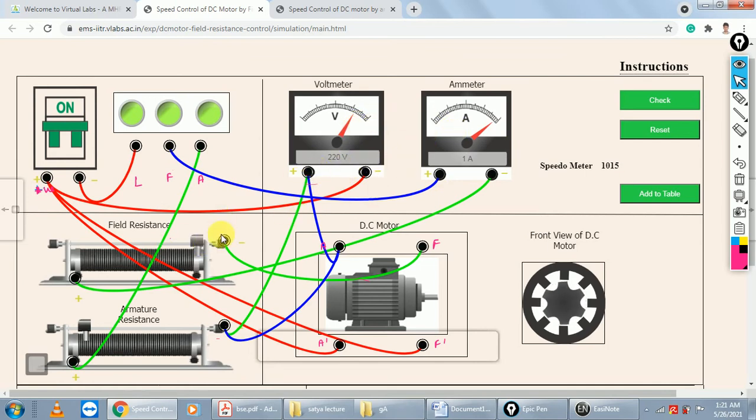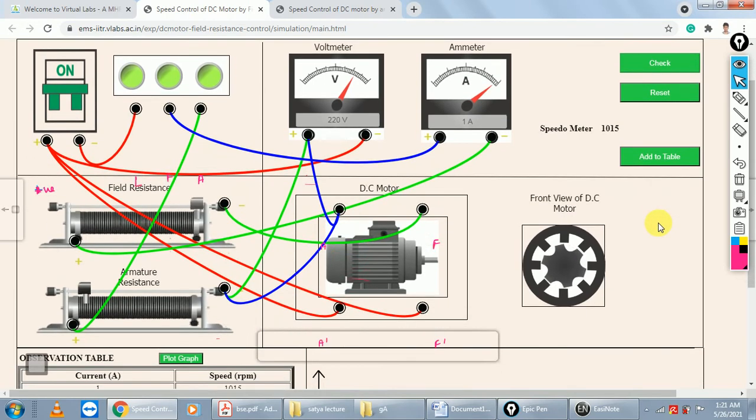Suppose we decrease the field resistance. When we decrease the field resistance, the field current is higher. Field current is higher means flux is higher. Flux is higher means your speed is 1015 rpm. Click on add to table.